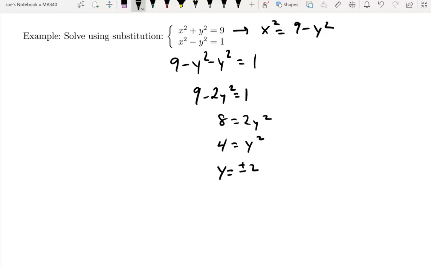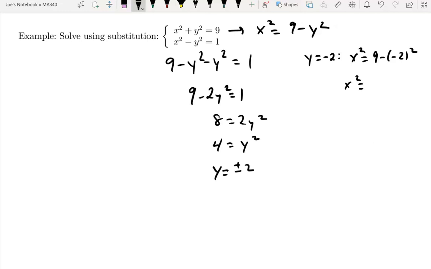Now for each of these, we want to plug it back into the first equation. So if y is negative 2, plug that in, we get x squared equals 9 minus the quantity negative 2 squared. When we simplify that, we get x squared equals 5.